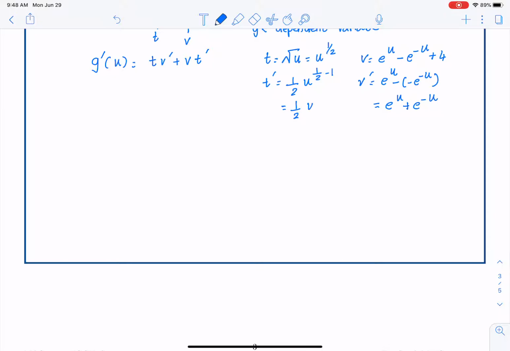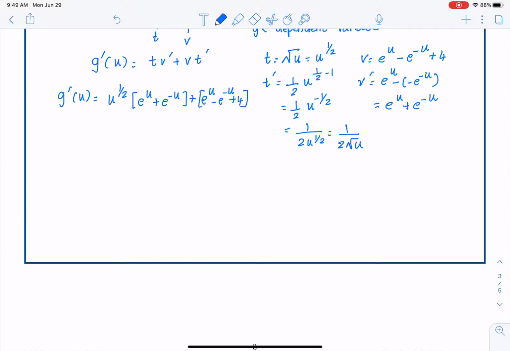I can rewrite t prime: u raised to 1/2 minus 1 is negative 1/2. Move that u raised to 1/2 to the denominator. I'd have 1 over 2 times square root of u. So G prime of u would be t, which is u raised to 1/2. v prime is e raised to u plus e raised to negative u. v is e raised to u minus e raised to negative u plus 4.